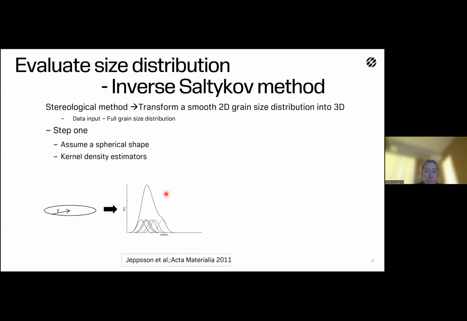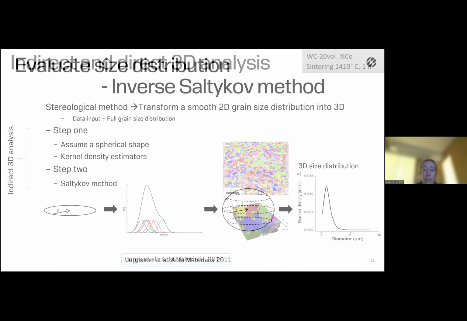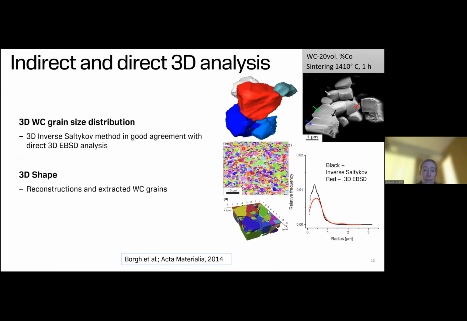So, first, as said, cemented carbide grows a lot during sintering, and one piece of work done to understand how to translate the 2D grain size to the 3D grain size by modeling used the so-called inverse Saltykov method, which was modeled by Jeppsson and co-workers and then verified by 3D EBSD by Ida Borg.